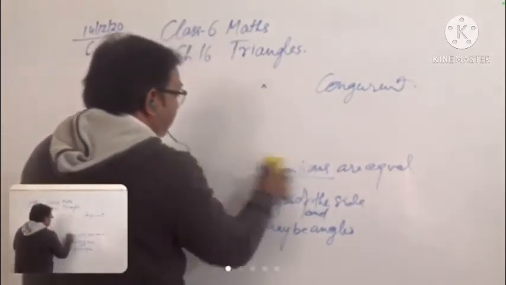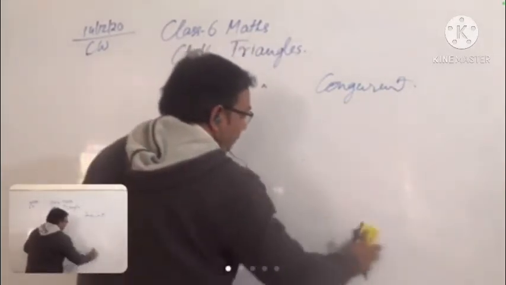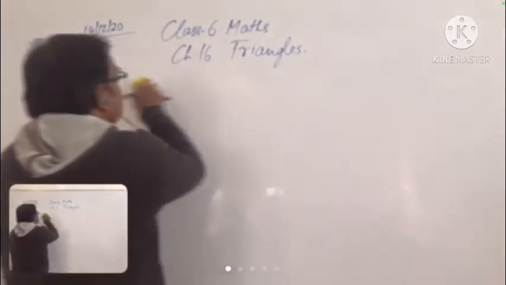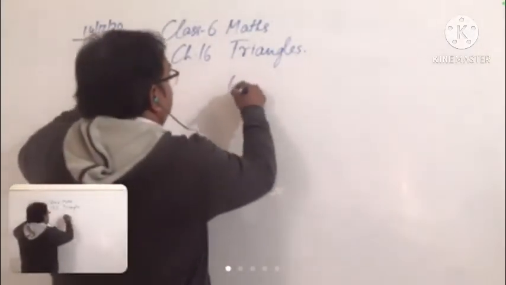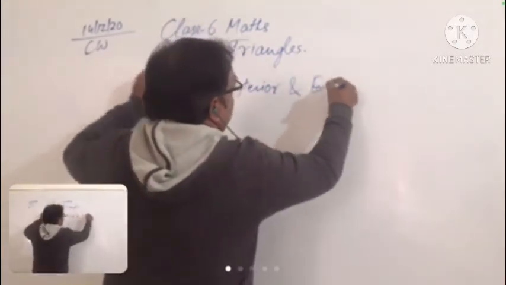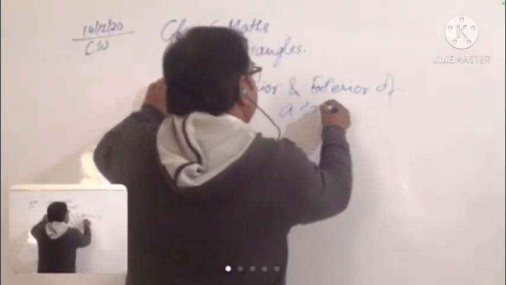Now I will give you one more example. Suppose we draw a circle with a radius of 4 centimeter, and a second one again of 4 centimeter, then the two circles are congruent because their dimensions are the same.